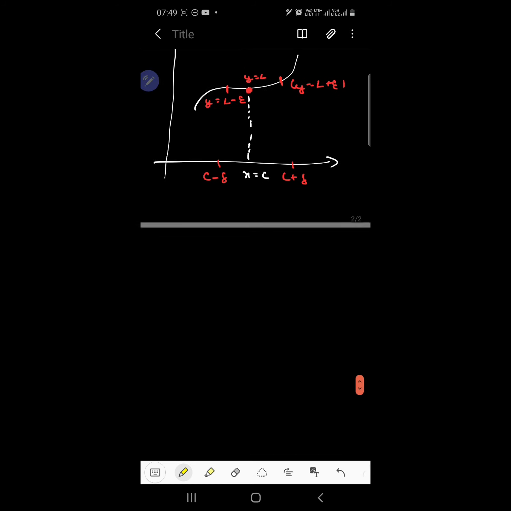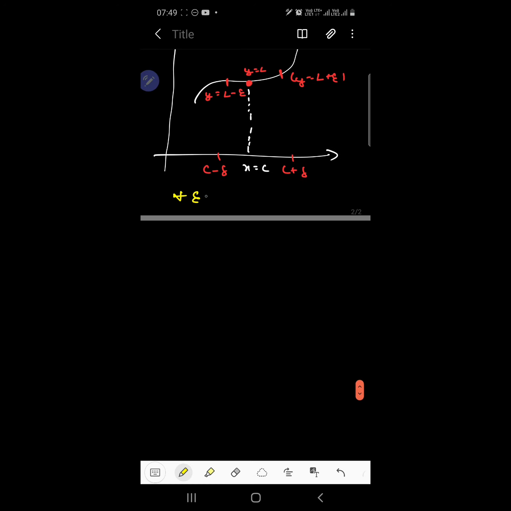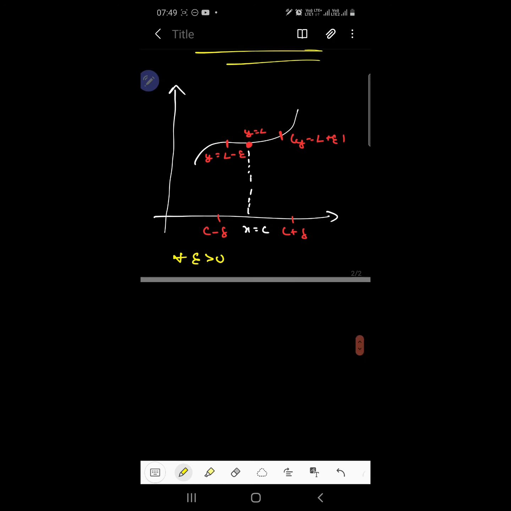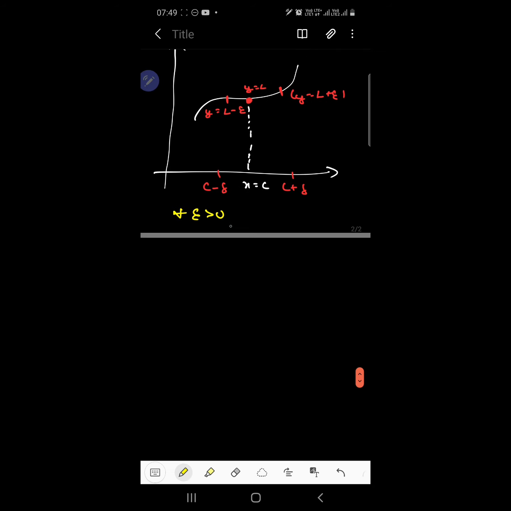Now see what this statement says. For all epsilon greater than 0, there exists some delta greater than 0 such that for all x belongs to the set of reals, this being the real axis itself, mod of x minus c less than delta.